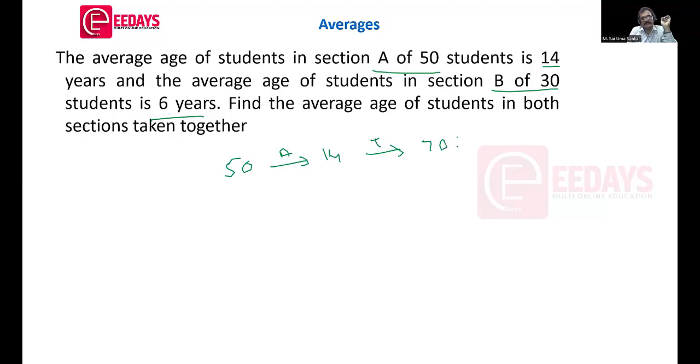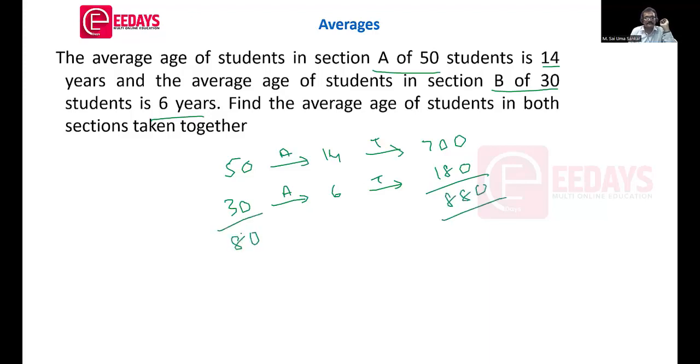That is 700. 30 members, average 6 years, total is 180. What is the total? 880. Total members is 80. What we require is the average age of students in both sections together. So the average is 880 by 80, that is 11. That is the answer.